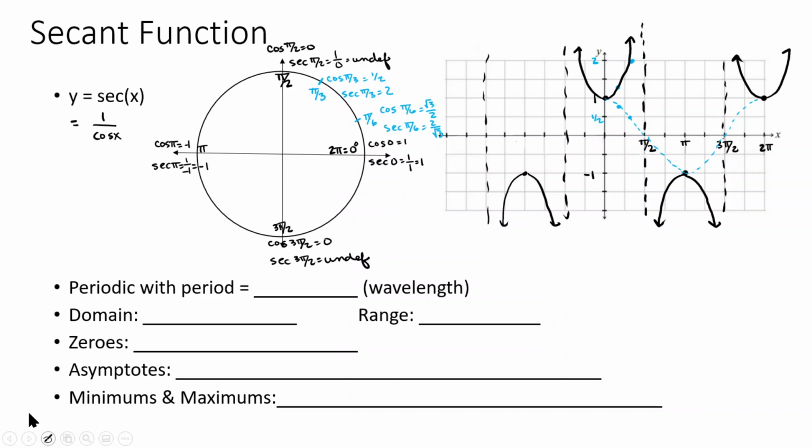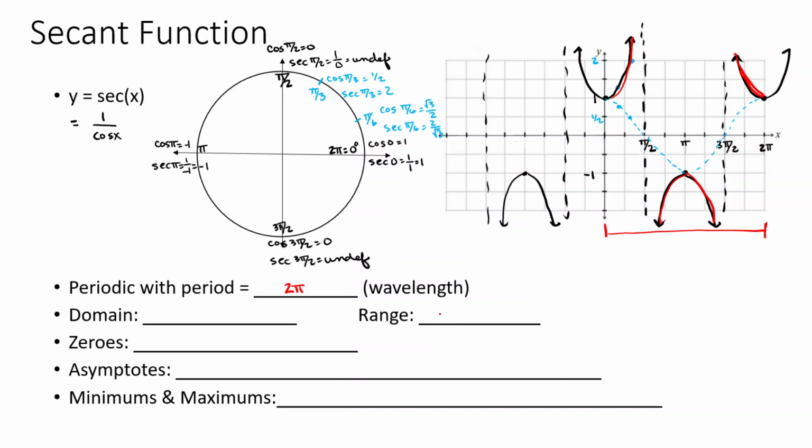Okay. Now, this right here from 0 to 2 pi is 1 cycle. I have to get the full top part and the full bottom part. So our period is 2 pi, just like sine and cosine.